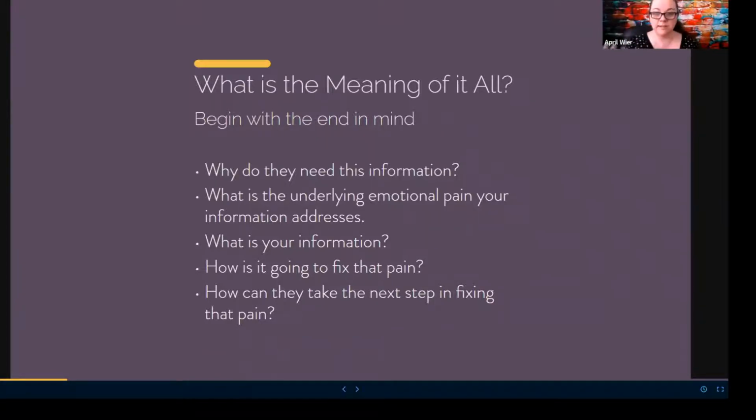So you present that information, and explain to them how that will alleviate the frustration. Then you want to tell them how they can take the next step to make that frustration go away. So maybe that's downloading a white paper, maybe that's booking a 15-minute call, right? This seems obvious, but a lot of people have trouble with linear thinking, especially creatives. We are more abstract, and so sometimes it helps us to have a little bit of structure.